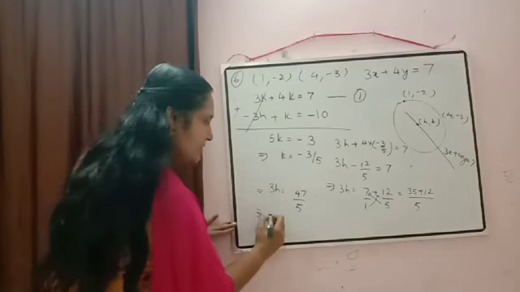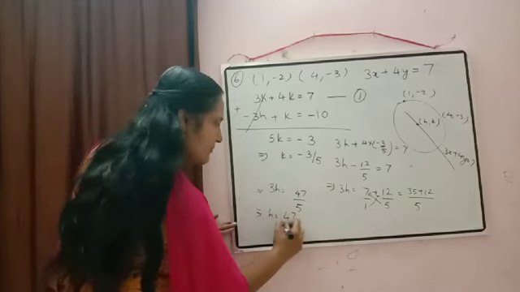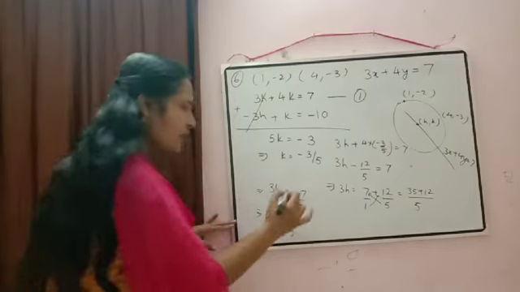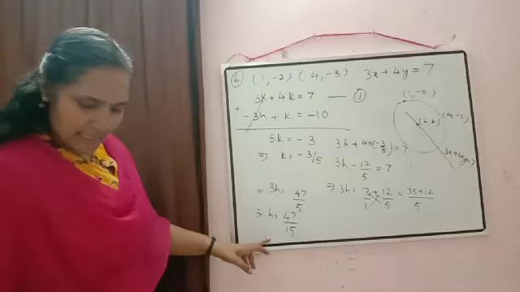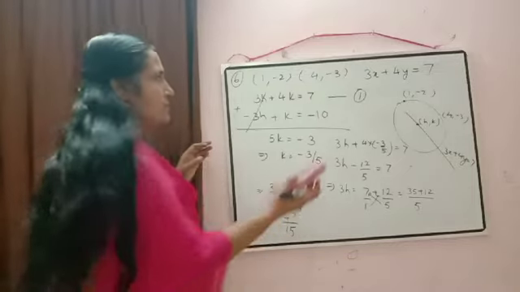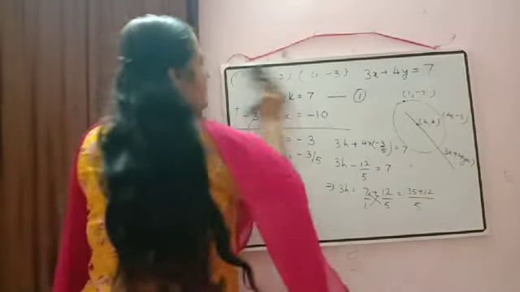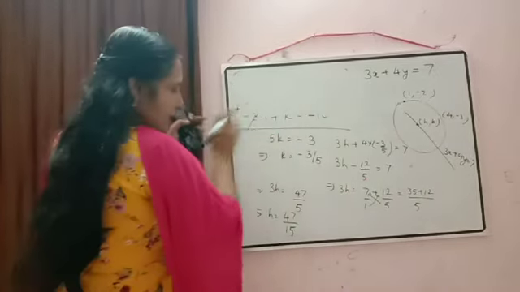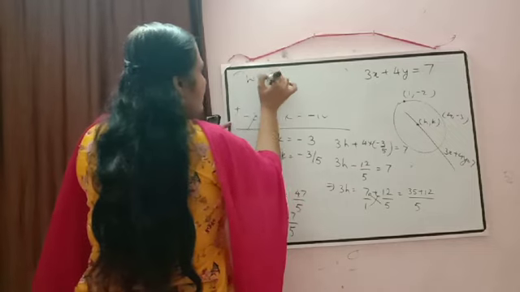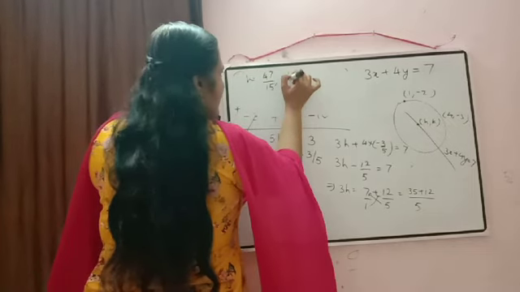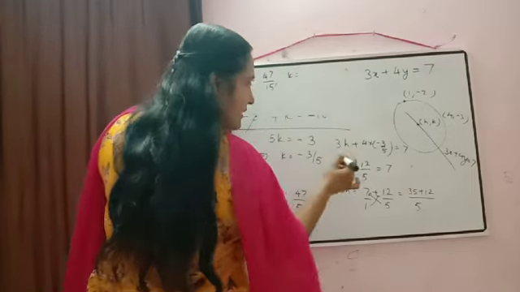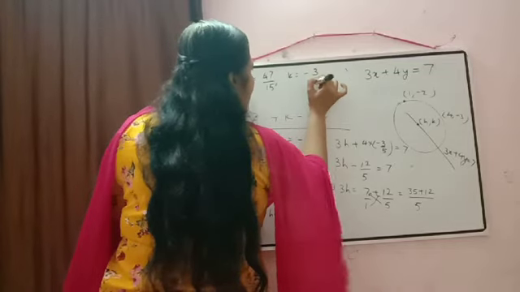Now we can shift the 3 to this side, so we will get h is equal to 47 by 15. So we got here h and then k. So I am writing here, we got h is equal to 47 by 15 and then k is equal to minus 3 by 5.